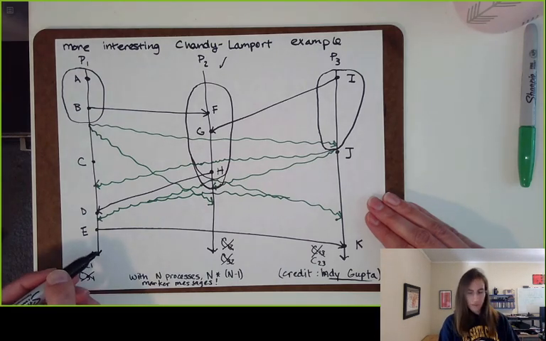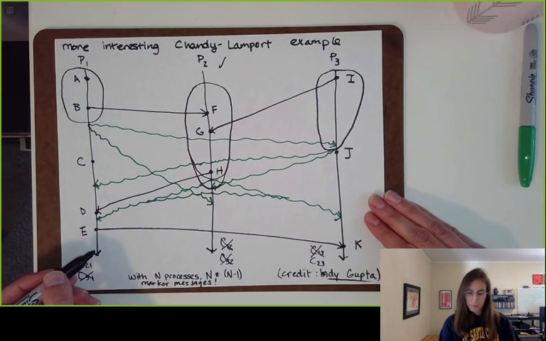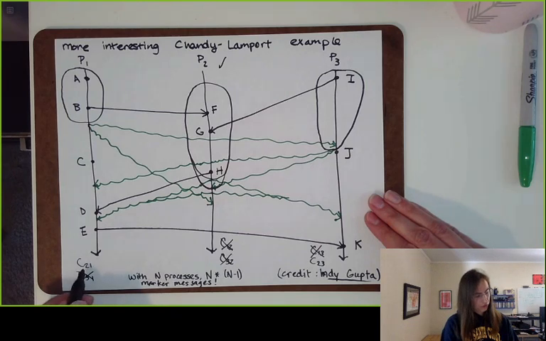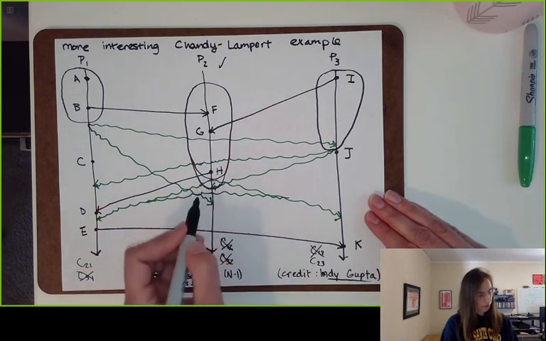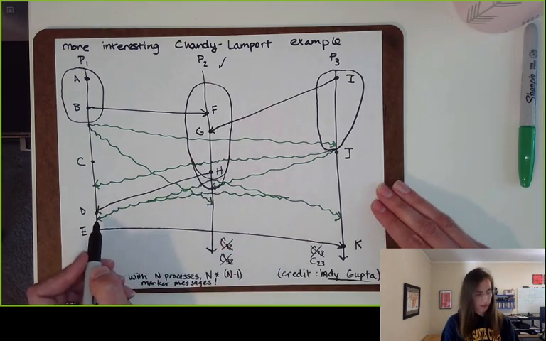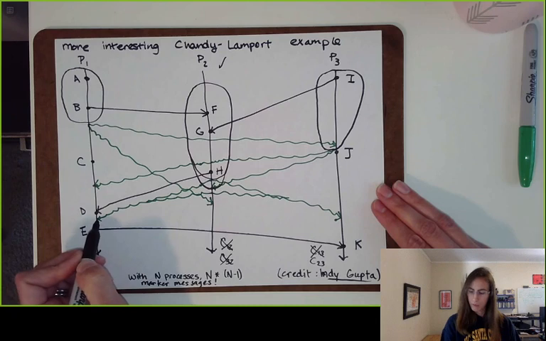P1 over here still needs to finish up. So it still had this channel that it was recording on, channel 2.1. So it was waiting for a marker to come in from process 2 so that it could stop recording on channel 2.1. And look, there's that marker that just came in.